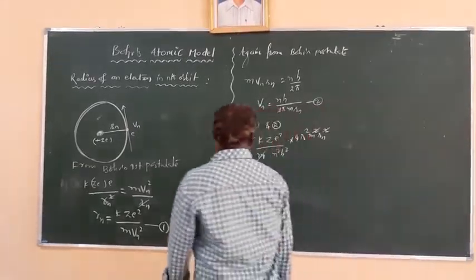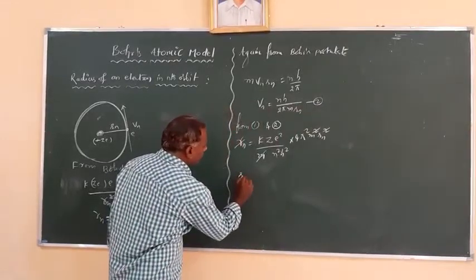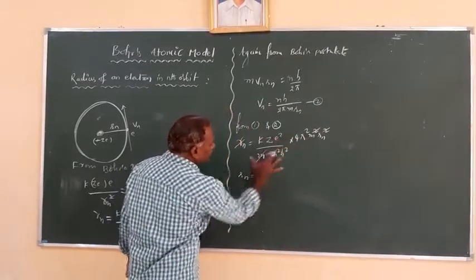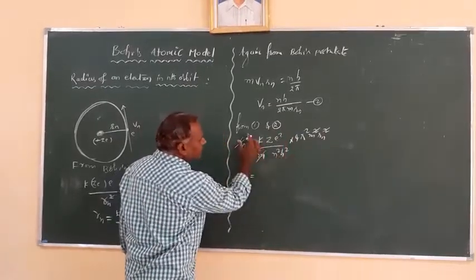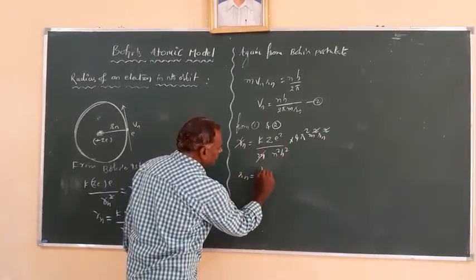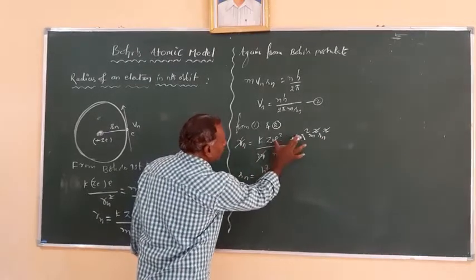We require Rn, so bring all these values to this side. Here Rn is equal to h square upon the total value.